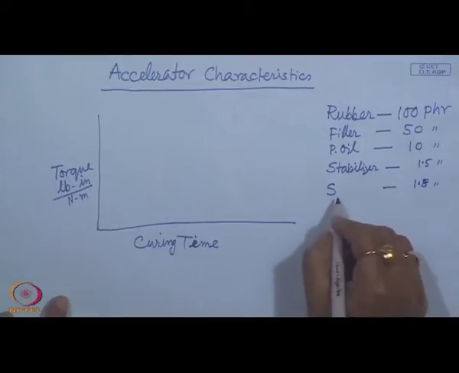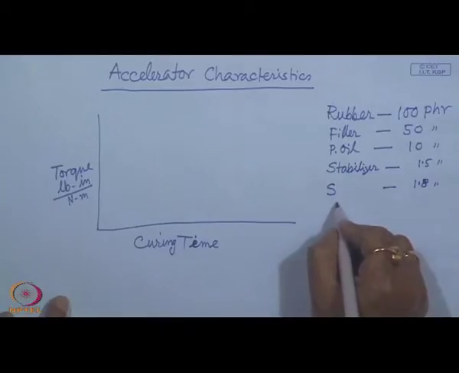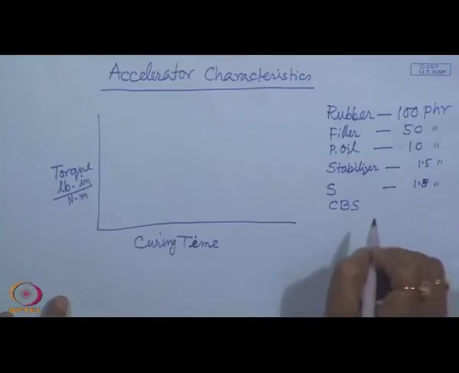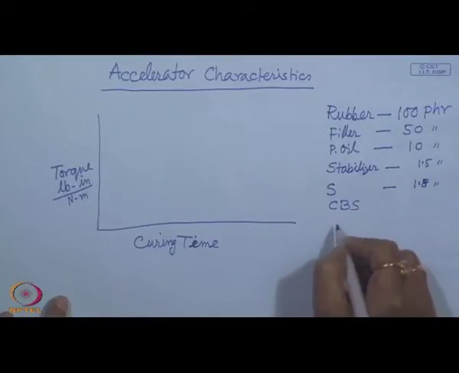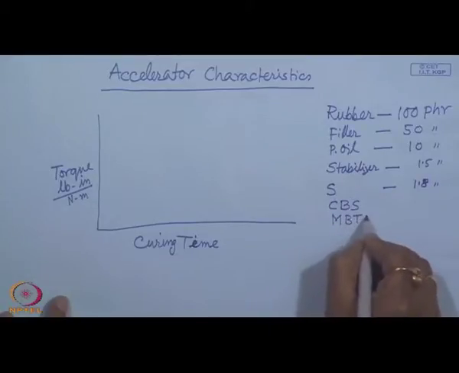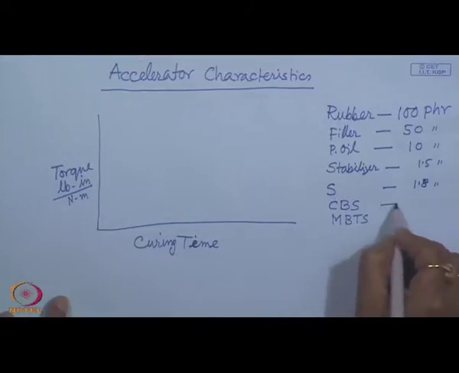Along with sulfur, there can be accelerators, say from that list I have shown, CBS as well as MBTS combination or other combinations can also be used.